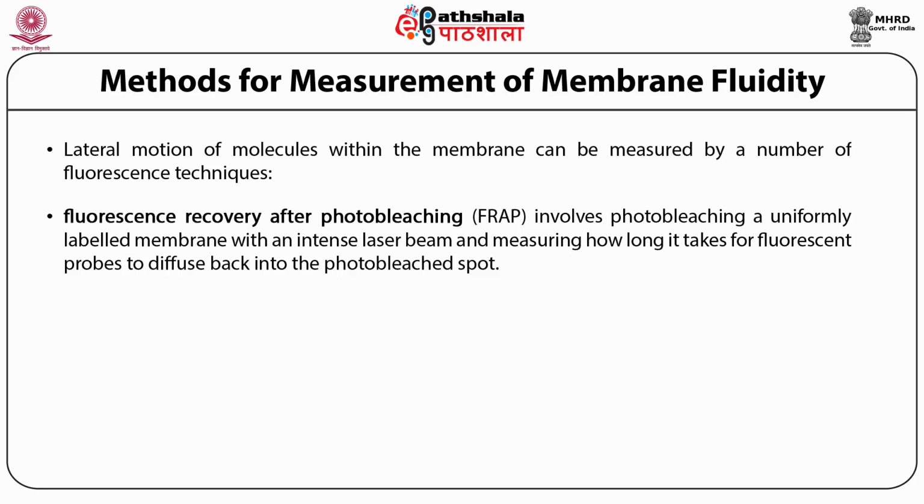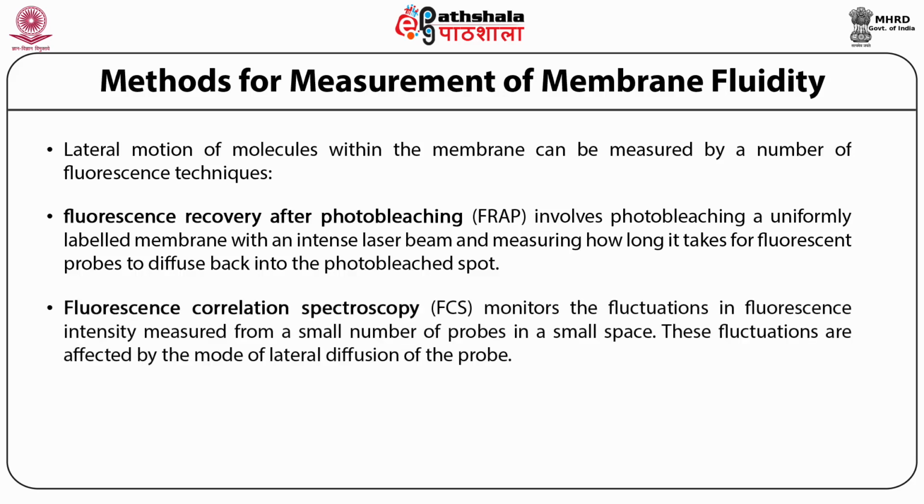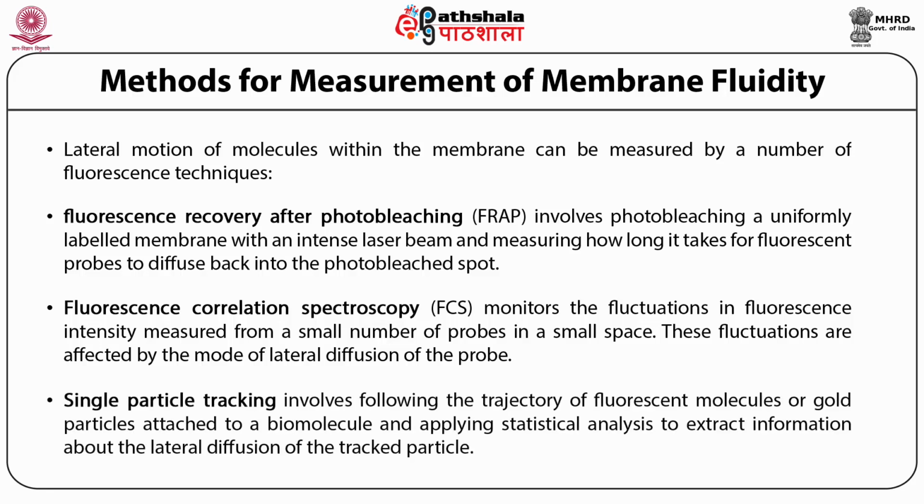The second method is fluorescence correlation spectroscopy, which monitors fluctuations in fluorescence intensity measured from a small number of probes in a small space. These fluctuations are affected by the mode of lateral diffusion of the probe. Then we have single particle tracking, which involves the trajectory of a fluorescent molecule or gold particle attached to a biomolecule and applying statistical analysis to extract information about the lateral diffusion of the tracked particle.